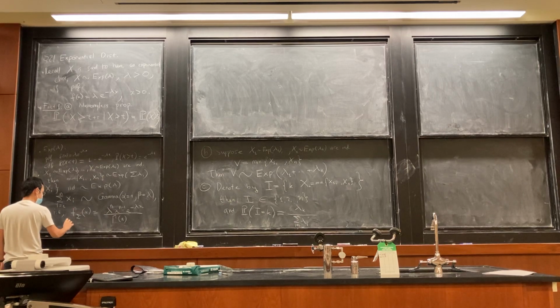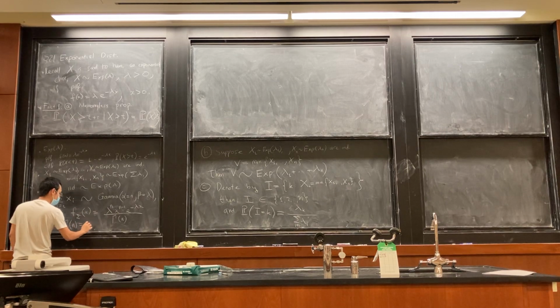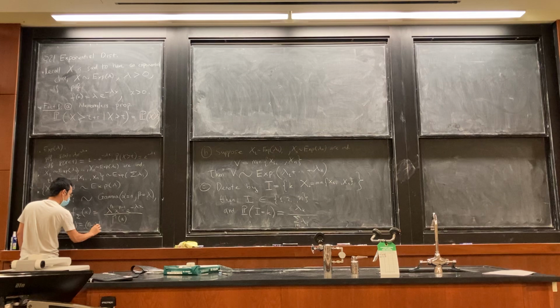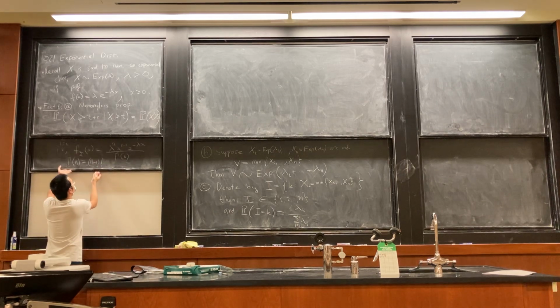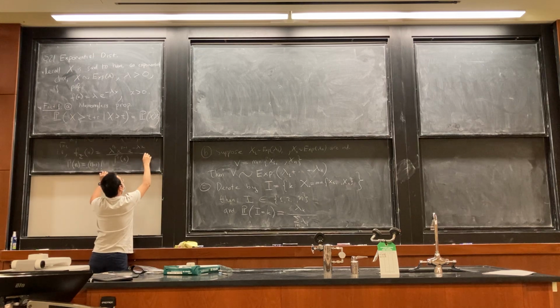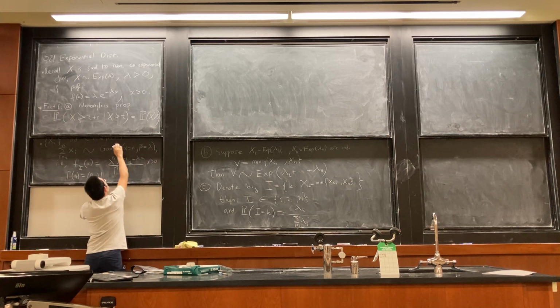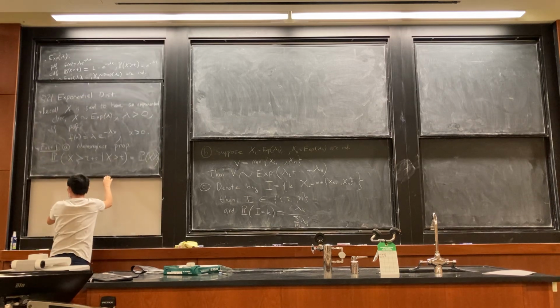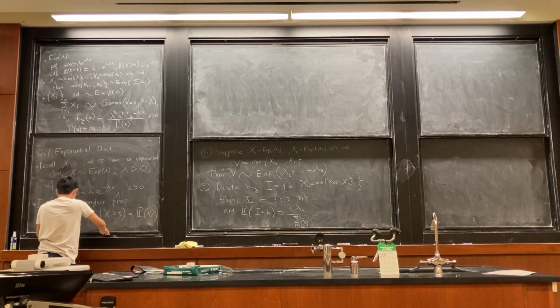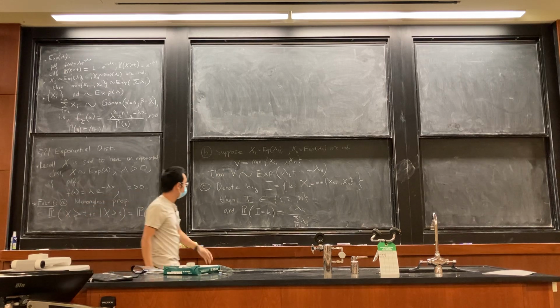Note that gamma of n is actually n minus 1 factorial. Let's just say x is positive.